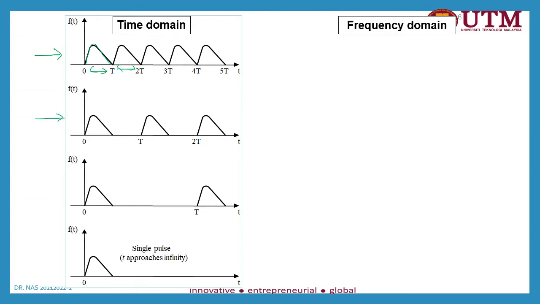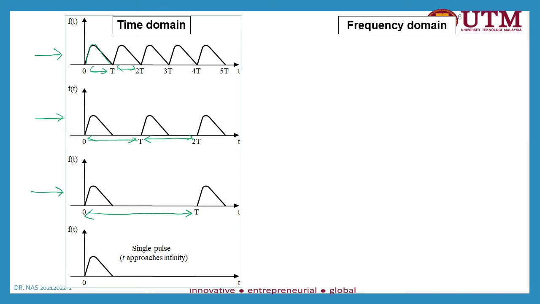You can still see that this is the T and the same T is repeated in the next harmonic. Okay, same goes to the third one, but you can see that the T now increases. Even you can't even see the next harmonics.